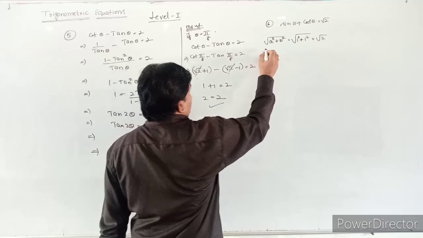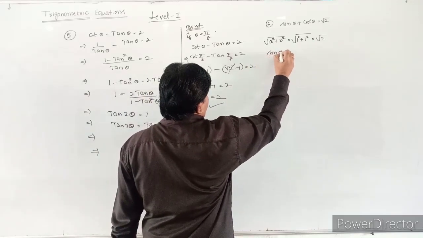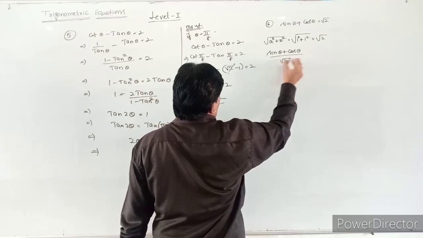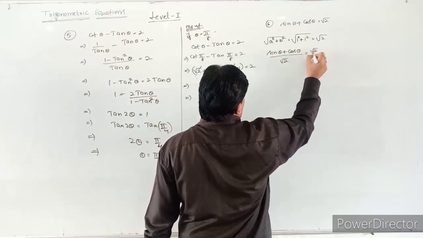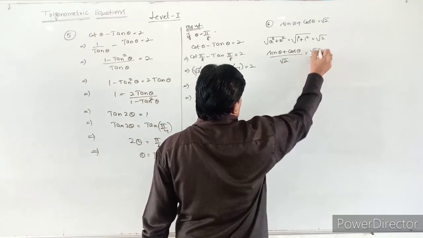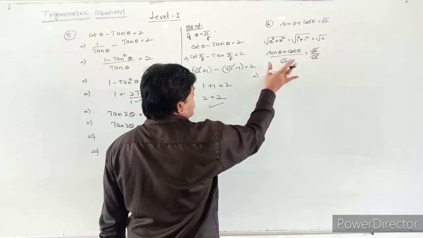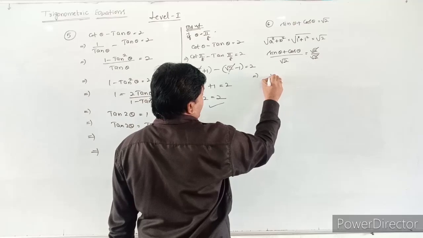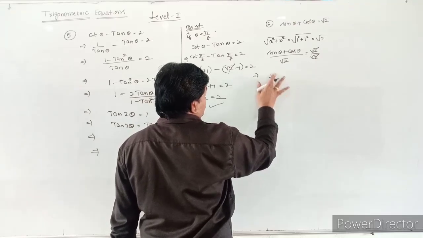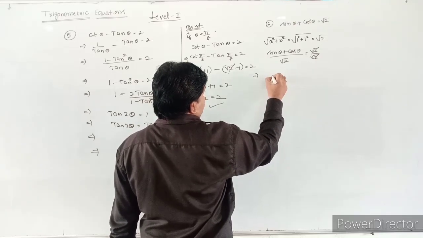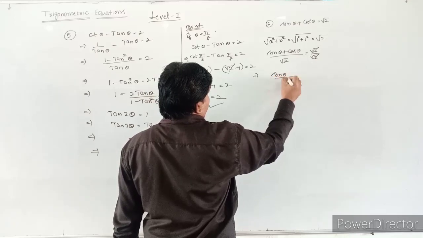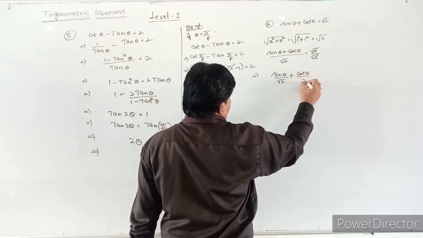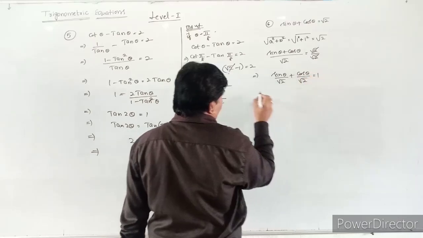So that implies sin theta plus cos theta, whole by root 2, is equal to root 2 by root 2. So root 2 will be cancelled. You can write this as sin theta by root 2 plus cos theta by root 2, so that is equal to 1.